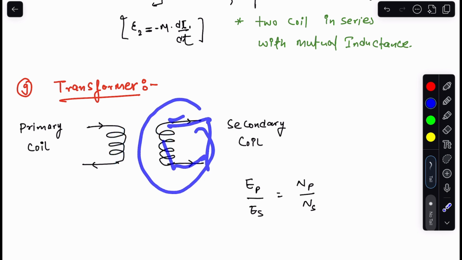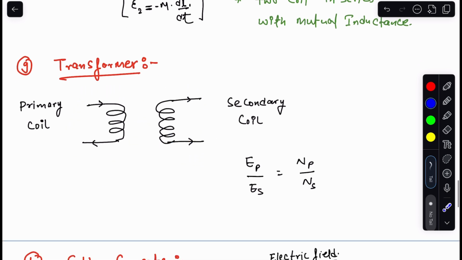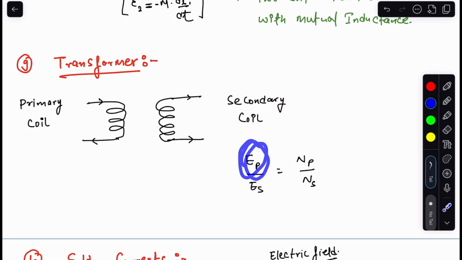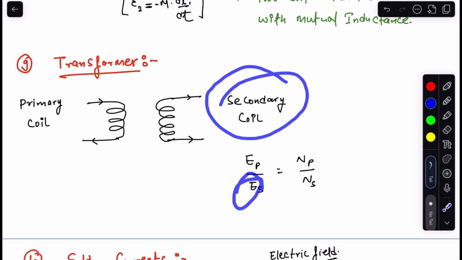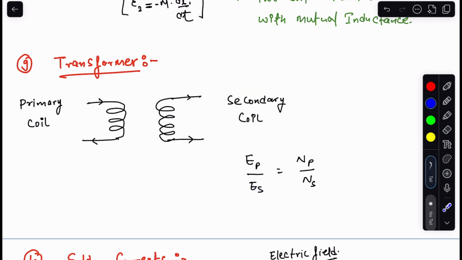If we calculate the relation, let's suppose EP is the EMF or the potential difference across the primary coil, and ES is the potential difference across the secondary coil. That will equal the ratio of the number of loops in the primary coil to the number of loops in the secondary coil.